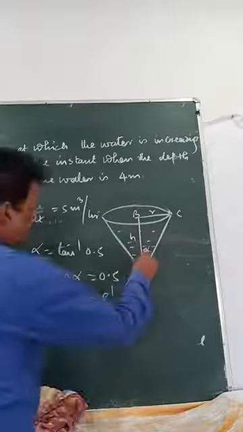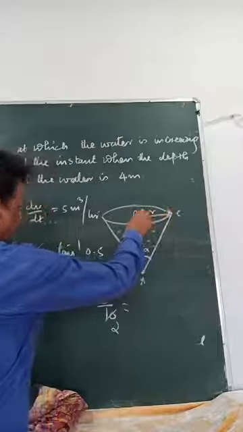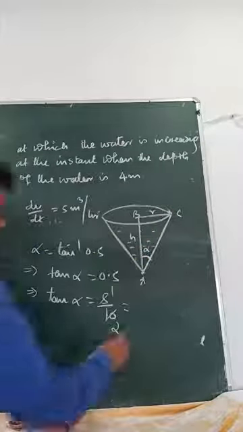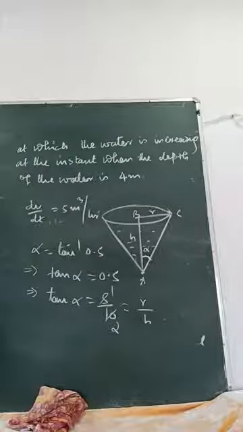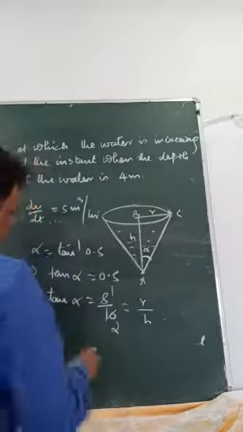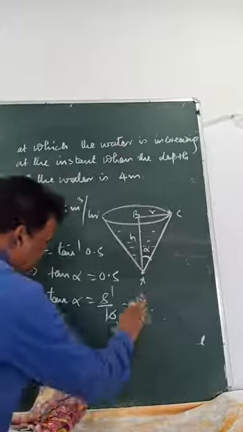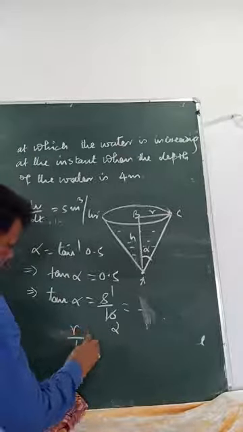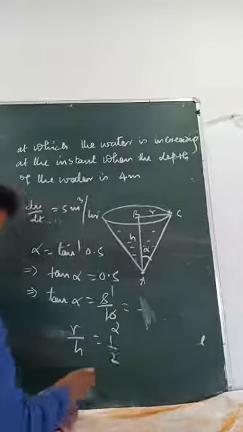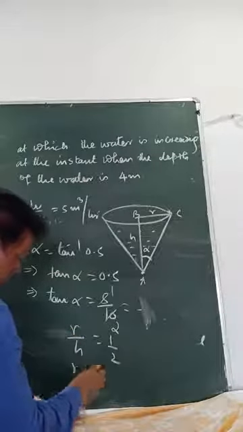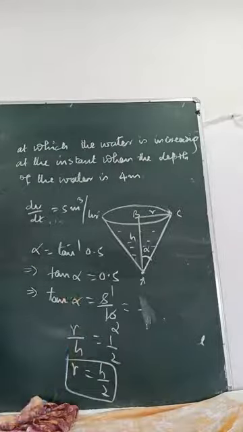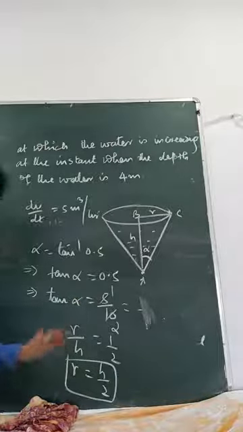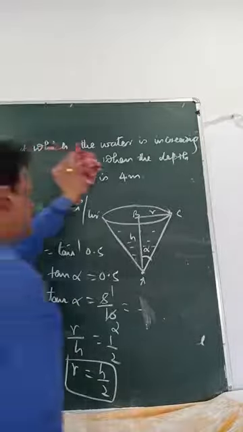So tan theta equals perpendicular by base, which means R by H. So tan alpha equals R by H, which is 1/2. Now let's find out: R equals H by 2.